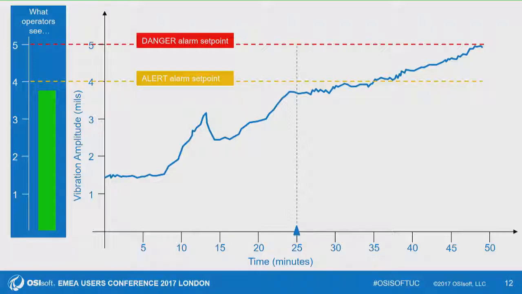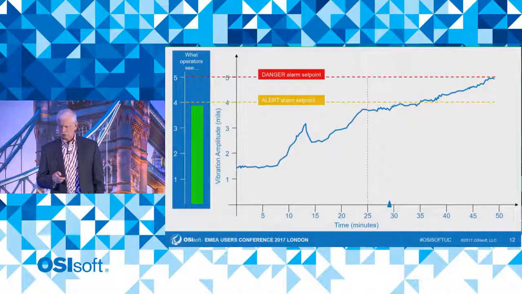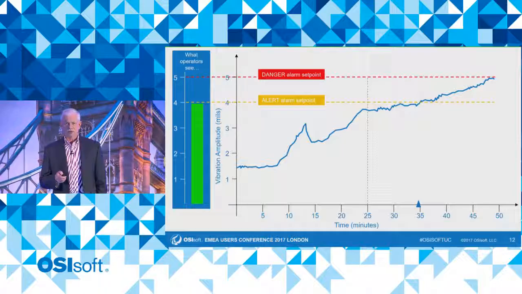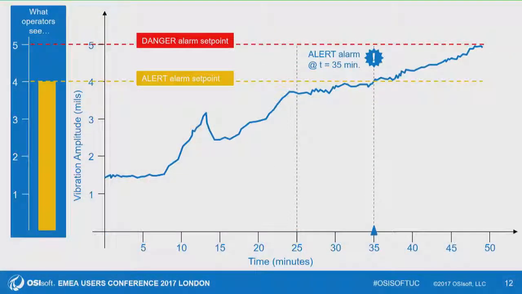Operators would be very interested in that blue trend because it was such a dramatic increase. But what happens in most systems is all they will really do is store a little bit of data before an alarm and after an alarm. So here we'll move forward 9 more minutes, and then during this last 60 seconds, our vibration level will creep upward until we get to this alarm threshold. Boom.